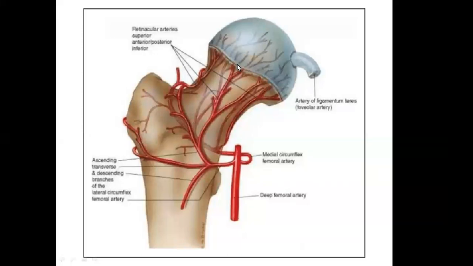And this artery anastomoses with branches from the femoral artery, that is the medial circumflex and the lateral and ascending branches. So this obturator artery anastomoses with the branches from the femoral artery and supplies the head of the femur. If you get a fracture of the neck of the femur, the blood supply to the head of the femur will be interrupted.